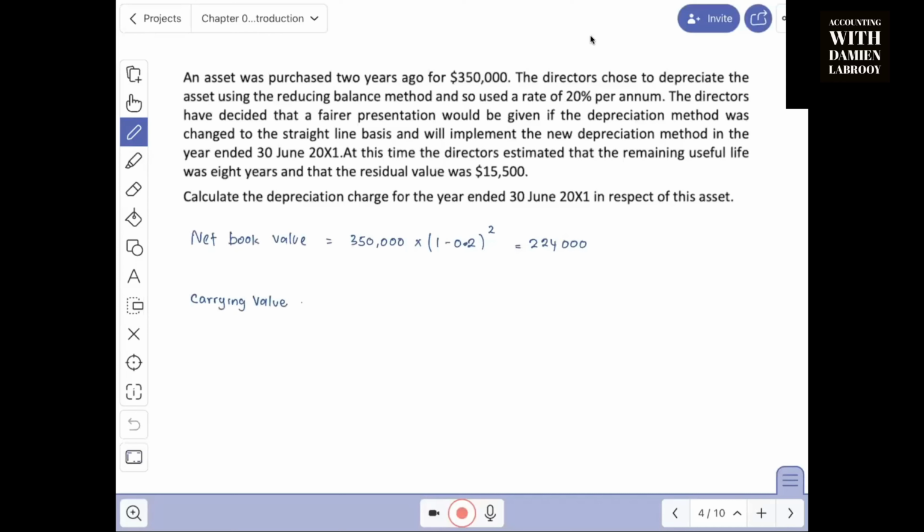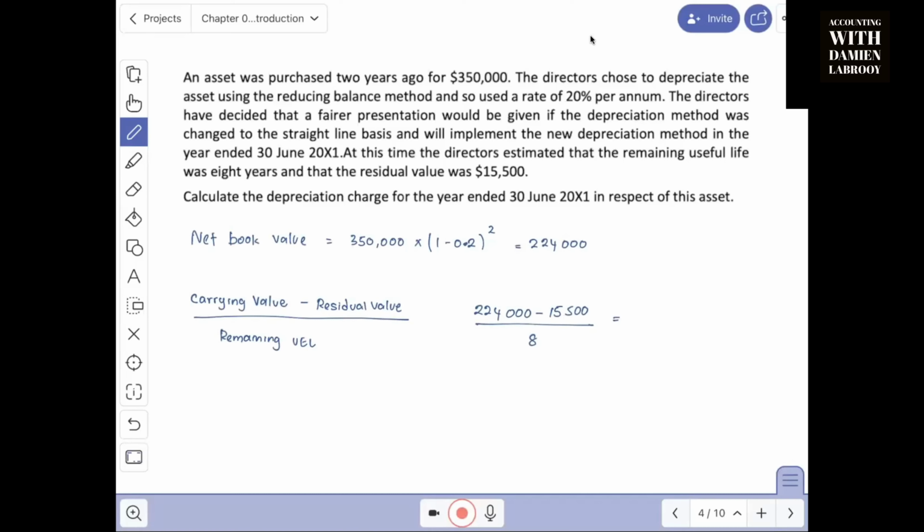So carrying value minus the residual value divided by the remaining useful economic life. So the carrying value is 224,000. The residual value is 15,500. The remaining useful economic life is going to be 8 years.